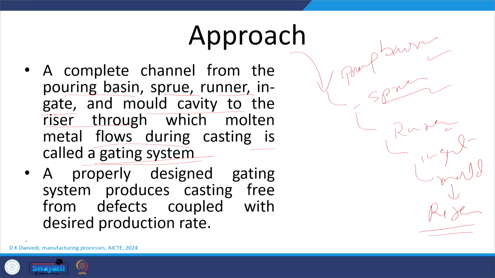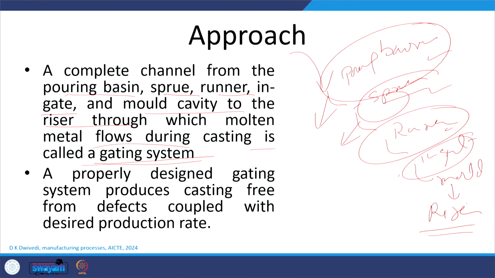Okay. So, this gating system must be designed appropriately so that the pouring basin helps to feed the clean molten metal. Sprue base supplies the molten metal without sucking in air when it is flowing through the sprue. A runner feeds the molten metal at the desired locations if the casting size is very large, before feeding it to the ingates, and the ingates are the entry point into the mold.